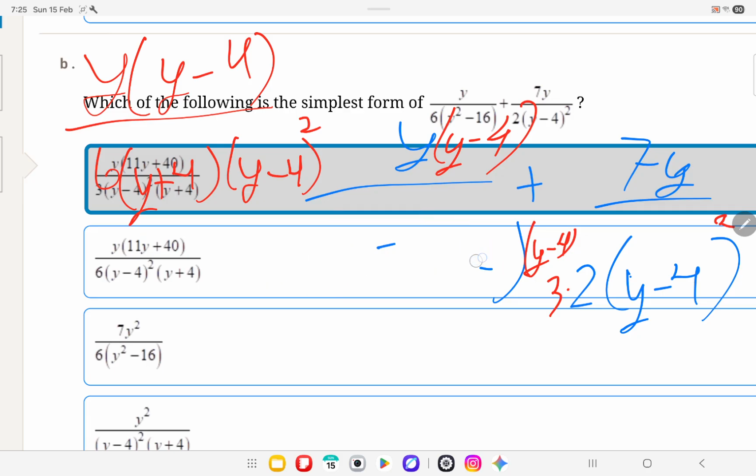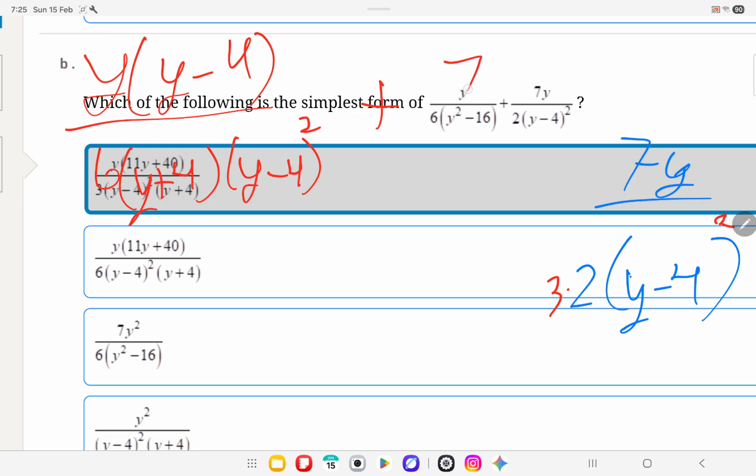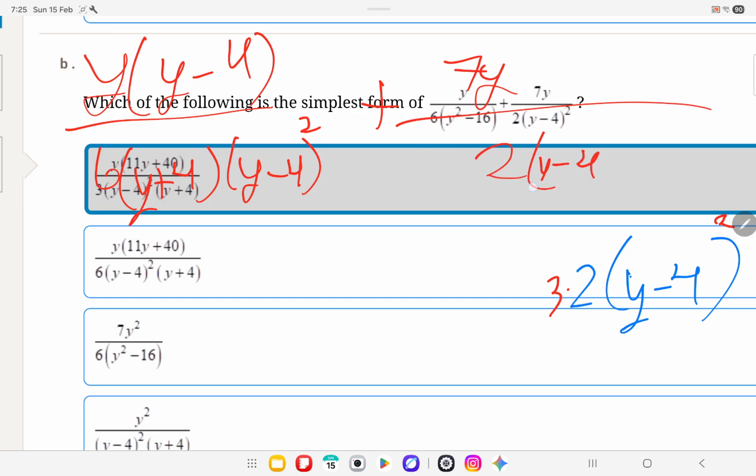Then we have all of this plus 7y over 2 times y minus 4 squared. So here we're missing a 3, so it can become 6, and we're missing times y plus 4. So if we multiply down, we have to multiply up. So times 3, then times y plus 4.